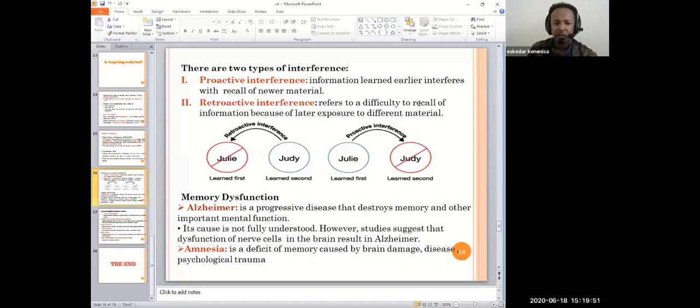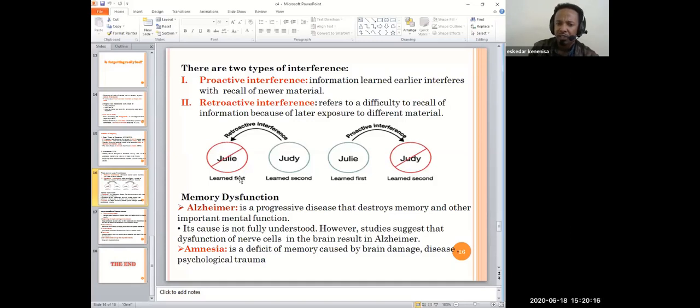When he comes back from America, he totally forgets Amharic. He only speaks English. That is retroactive interference. The English language interfered with the Amharic language, just blurred it, and he forgot Amharic altogether.